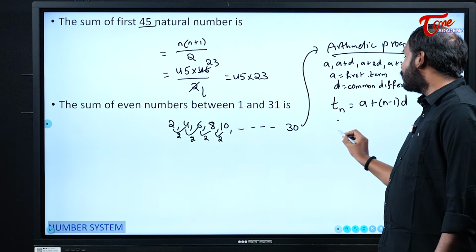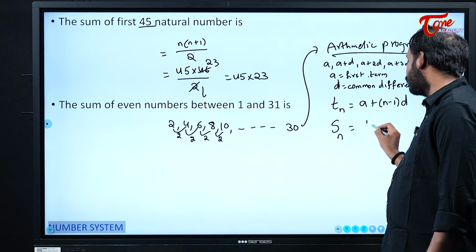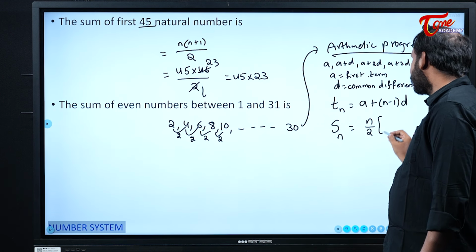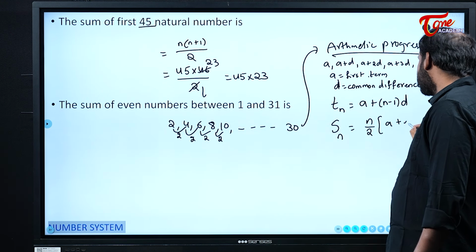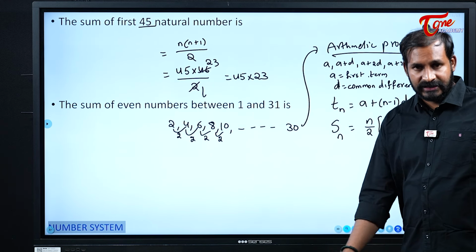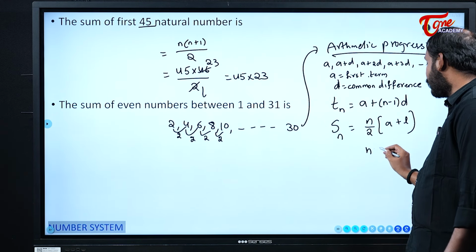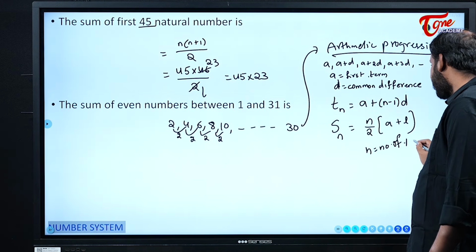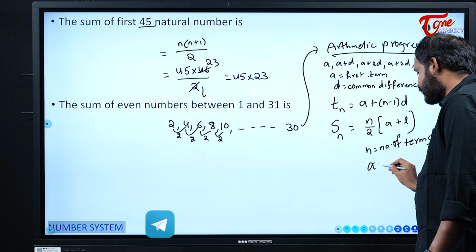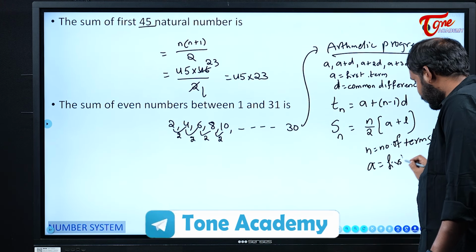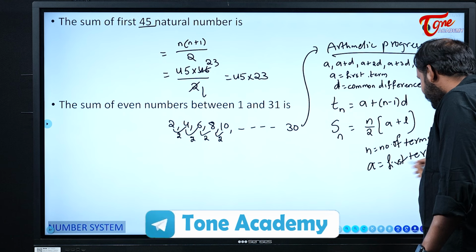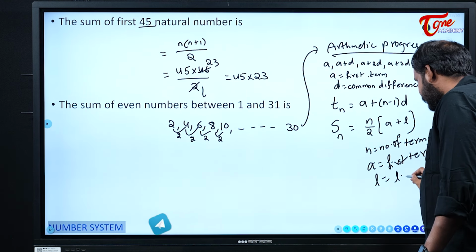And sum to n terms in arithmetic progression is equal to n by 2 into a plus l, where n is number of terms, a is first term, and l is the last term.